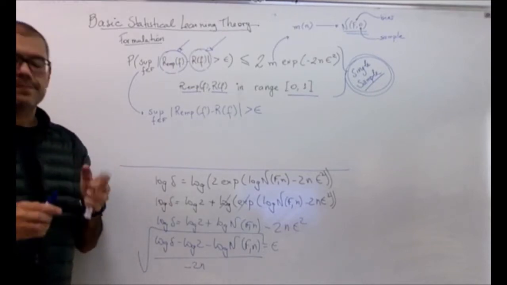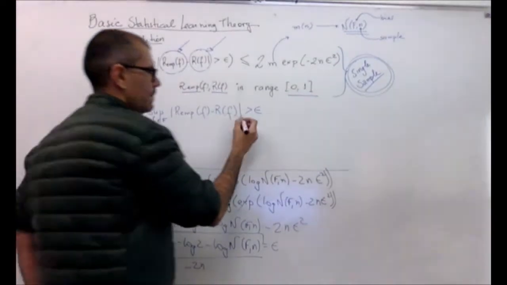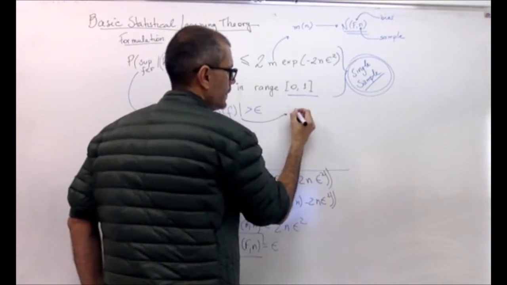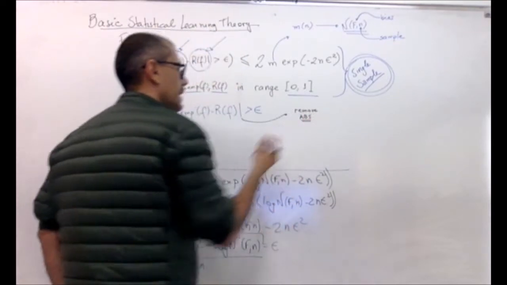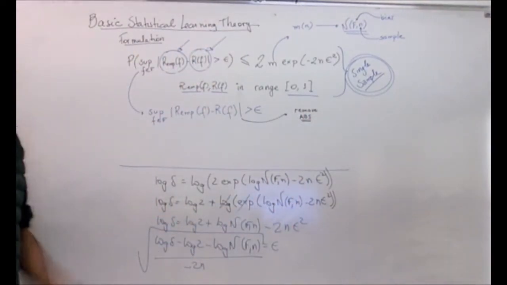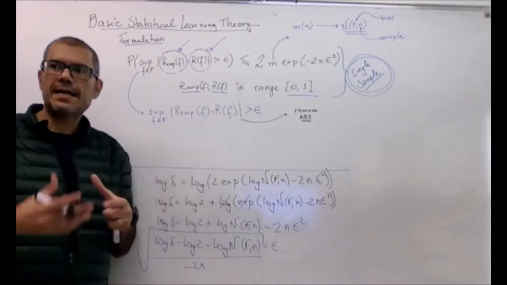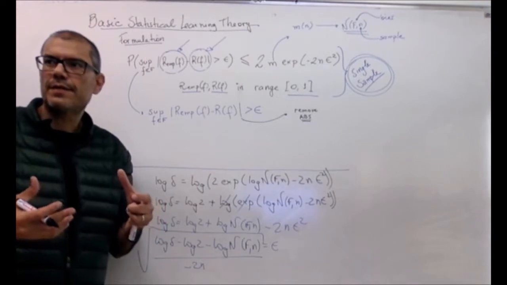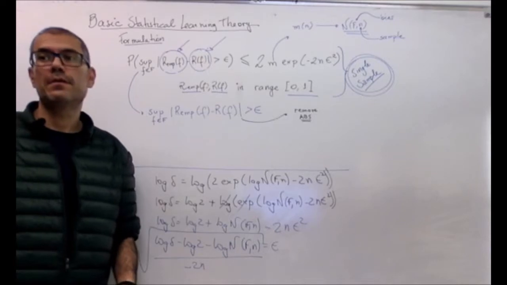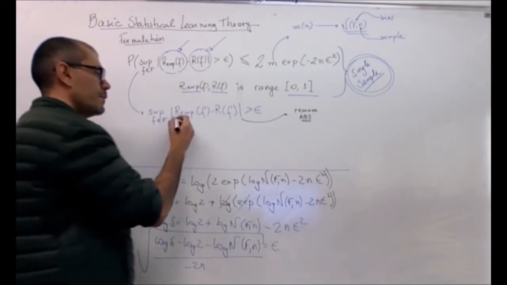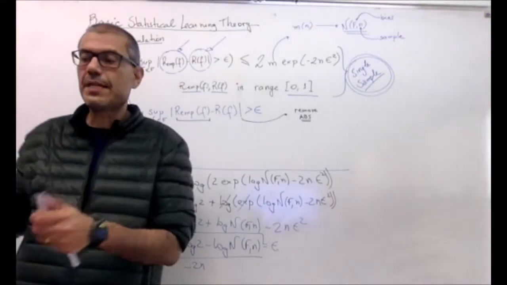And now we have somehow to remove the absolute value. How can we remove that absolute value? Are we sure that one of those risks is greater, so that we can avoid the absolute value? In fact, yes, we are sure. Every time we compute some empirical risk, that risk is being computed in terms of our data set.